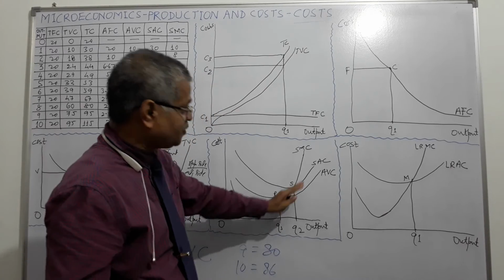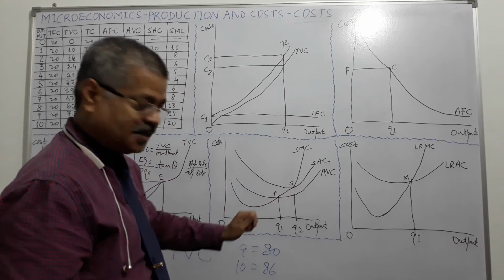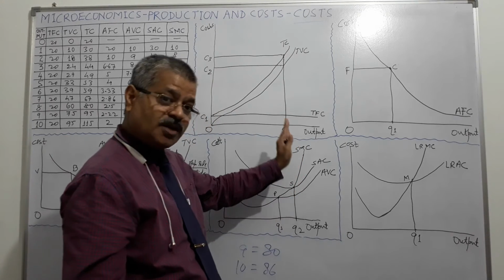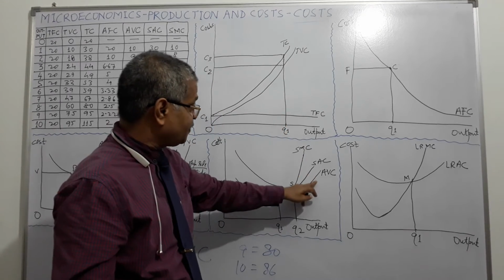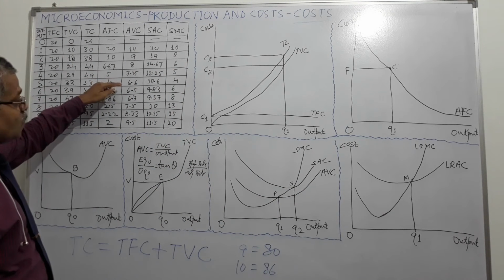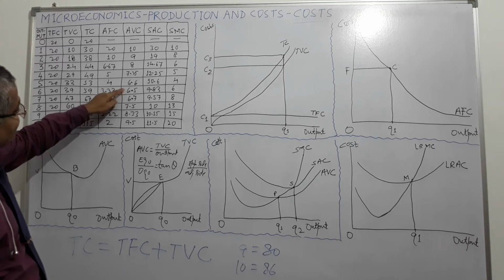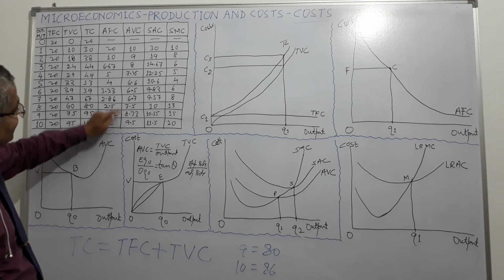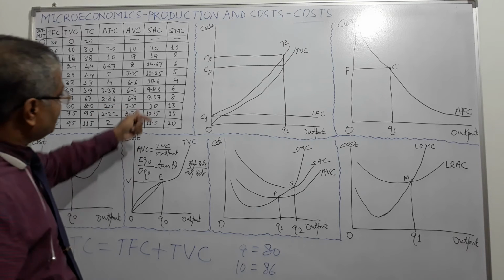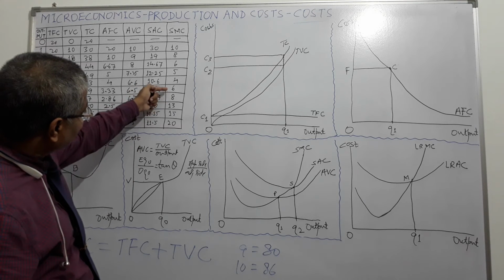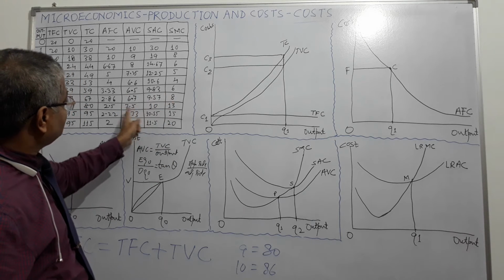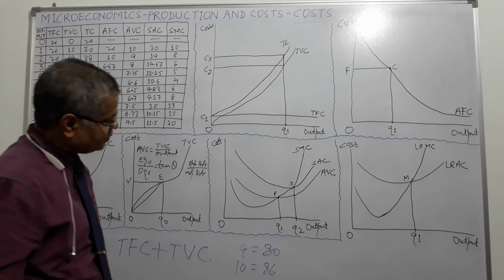The moment average variable cost starts increasing, marginal cost will start increasing and will be greater than average variable cost, right? So when average variable cost starts increasing, here it has started increasing, right? From 6.5 to 6.7, 7.5. So here marginal cost also starts increasing and it is more than this. 6.78, 7.5, 13, 8, 15, right?